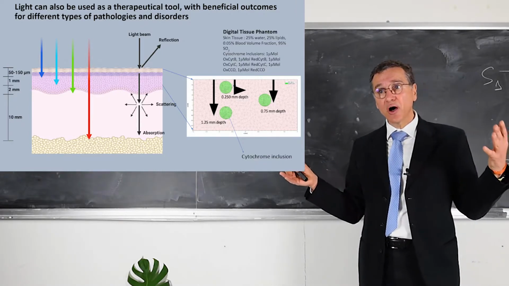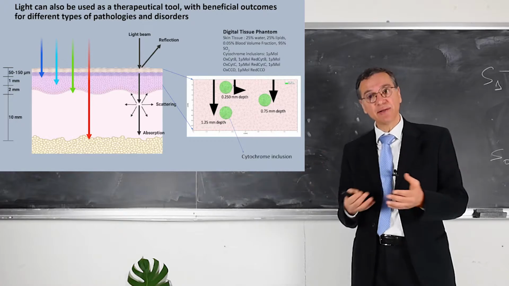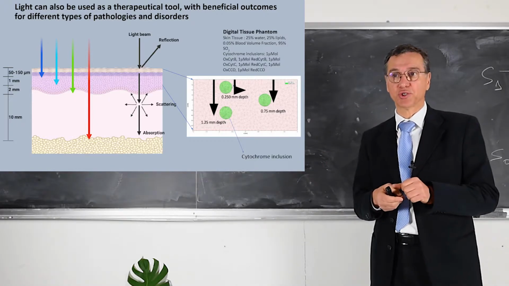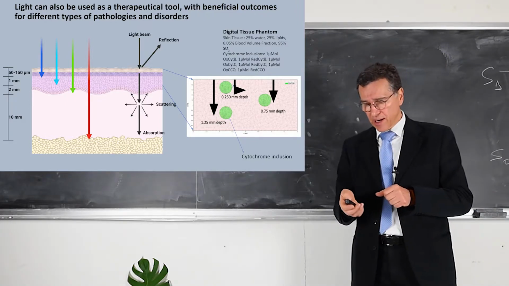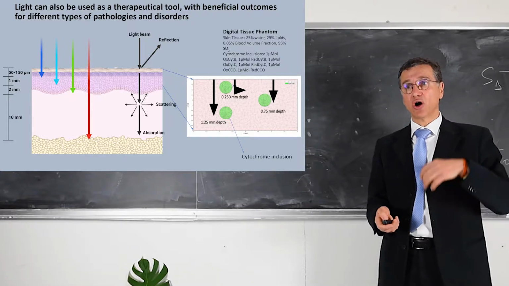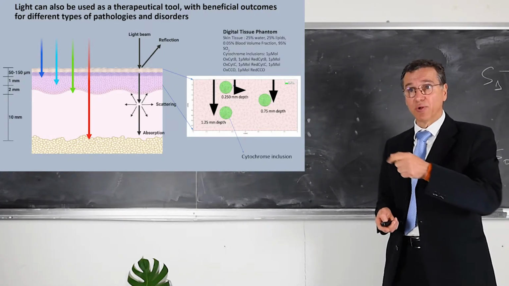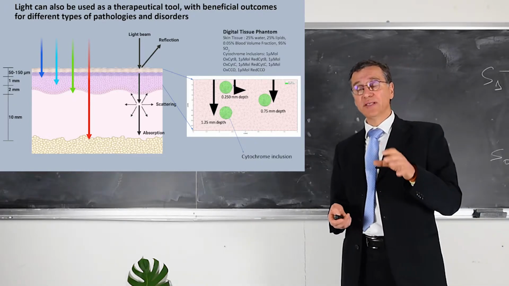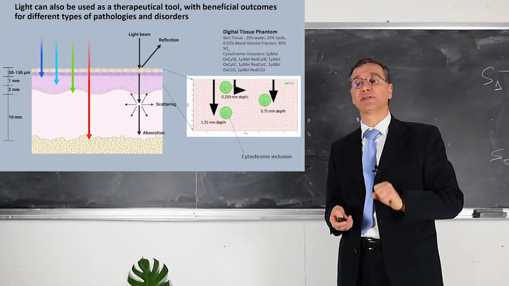So if we put together absorption and scattering, and we simulate the tissue with a Monte Carlo simulation, we see here, for example, that we are able to study the effects of interaction of light with cytochrome. For example, in this tissue phantom, we inserted 3 inclusions of cytochromes at 3 different depths.